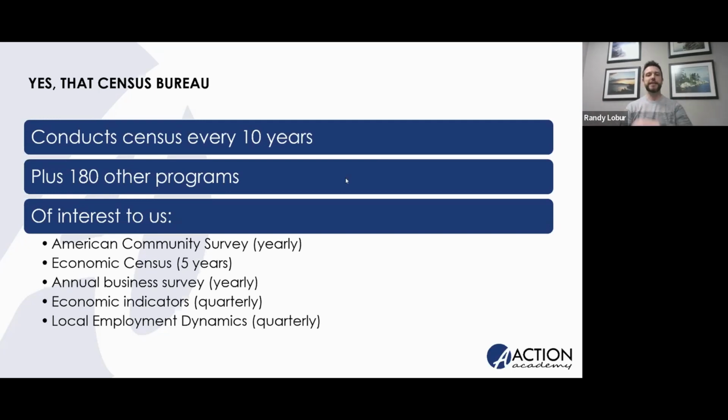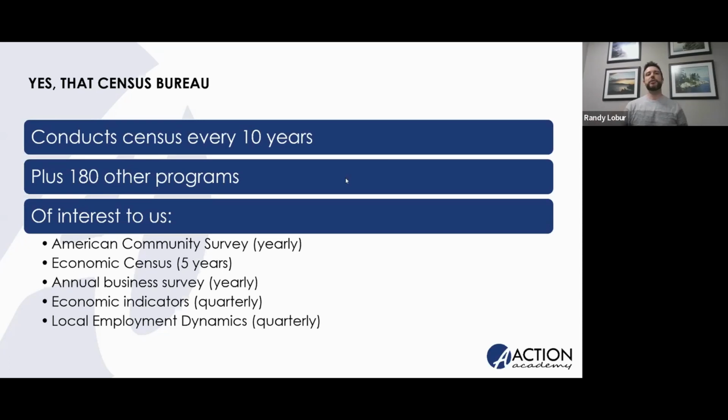There's the economic census, which, as you might guess, deals directly with a lot of economic indicators. The annual business survey is published yearly as well, where the census does issue more surveys to business owners throughout the nation to compile some data about who runs those businesses, who owns those businesses, what are their employee makeups.